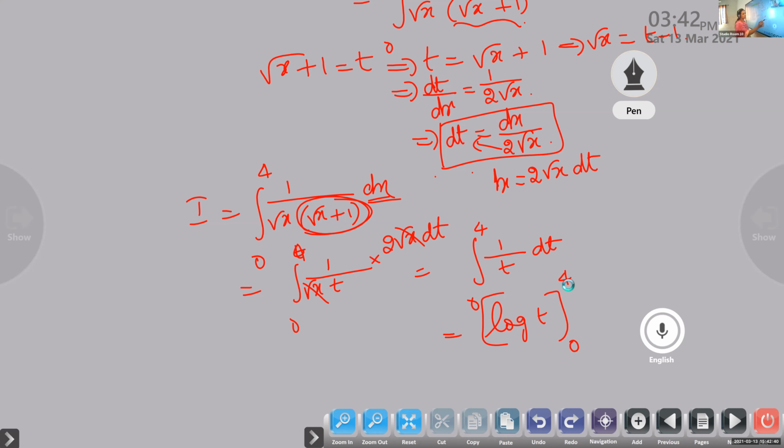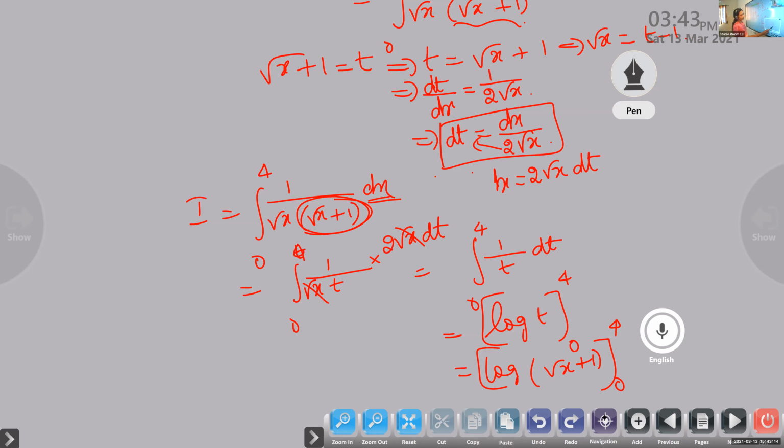But this is the limit for x, and here it is in terms of t, so we should replace it. What is t? In the beginning, we took root x plus 1 as t. So we should replace it for t. So it is log of root x plus 1 within the limits 0 to 4.